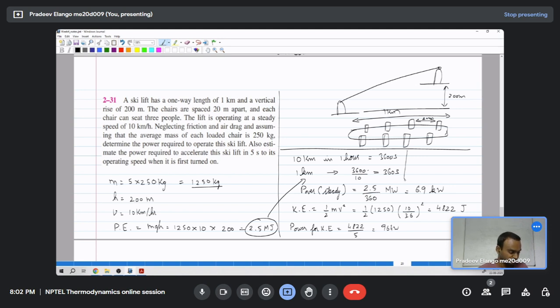So during starting, it is 964 plus 6900 watts, and that is roughly 7864 watts.